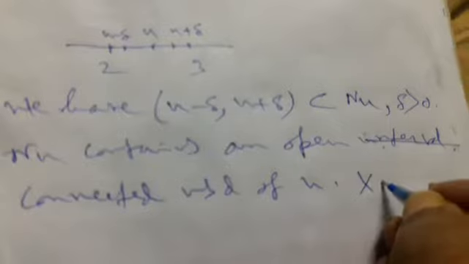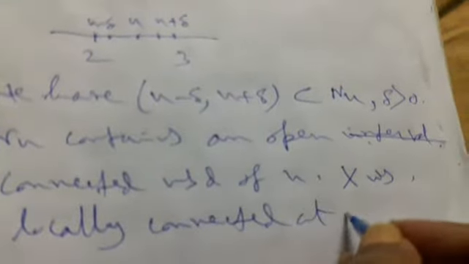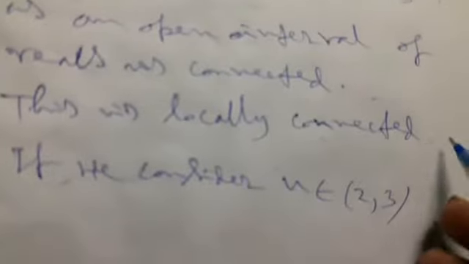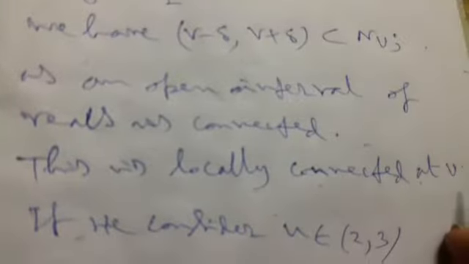So X is locally connected at u, and in the earlier situation it is locally connected at v, that is called N_v.